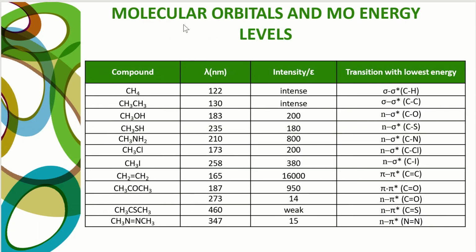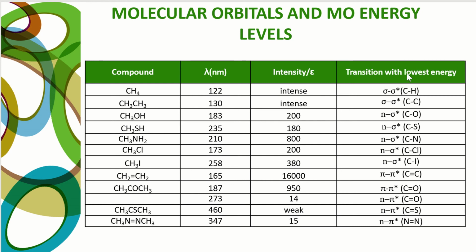All right, so molecular orbitals and molecular orbital energy levels. So here we have various compounds in this column, and their associated wavelengths and their intensity, which is the epsilon value. So we can look at these values to know whether or not it was intense or not.